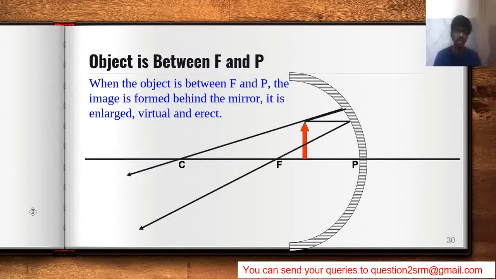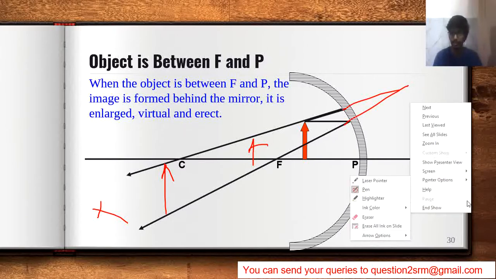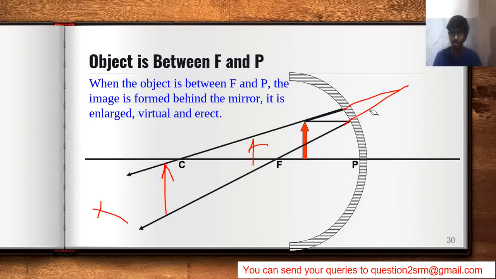Now here, you can see as we move to here, the distance between these two reflected rays is increasing. That means they will never meet in this direction, but I can extend them. If I extend them, then somewhere they will meet.